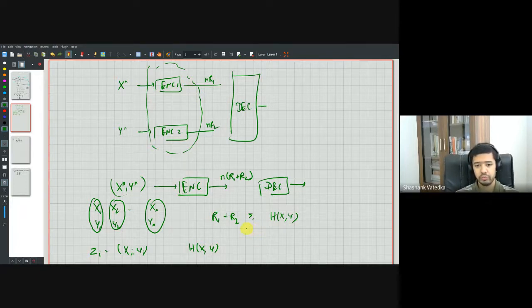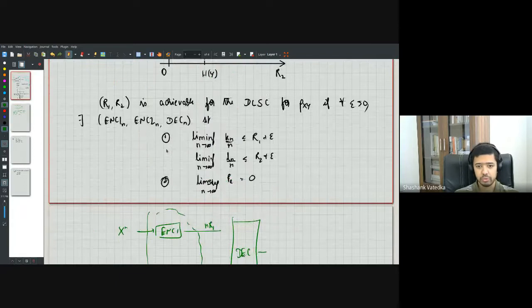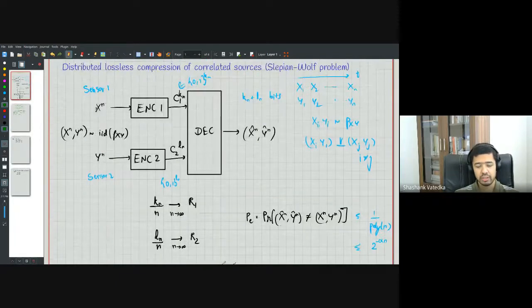So if you were somehow allowed to merge these two sources, then R1 plus R2 greater than or equal to H of x comma y would have been achievable. In doing so, merging the two sources becomes a more powerful source, because in the actual problem, encoder 1 has to compress xn without knowledge of yn. Encoder 1 knows p of x comma y, but not the actual realization of yn.